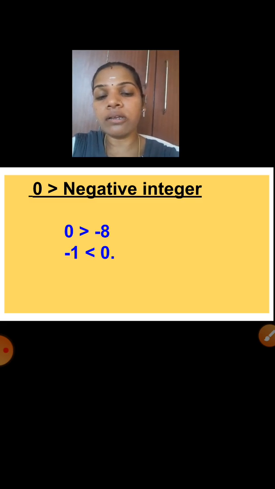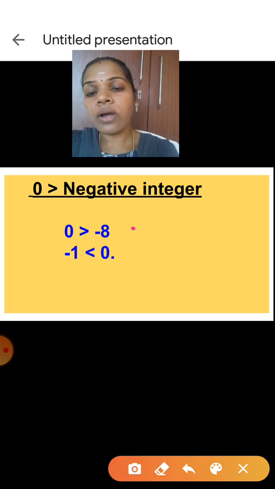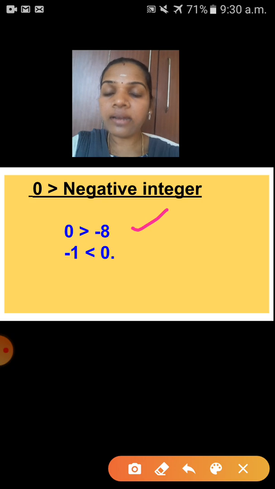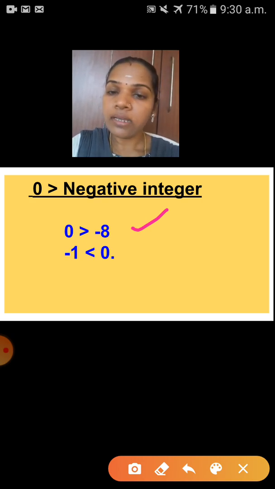So children, here I have given some examples. See, 0 and minus 8. So 0 is greater than negative 8. Next one is minus 1 and 0. Which one is greater? Yes, 0 is always greater than a negative integer.